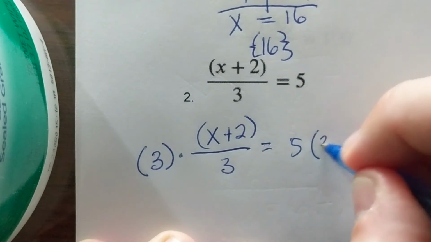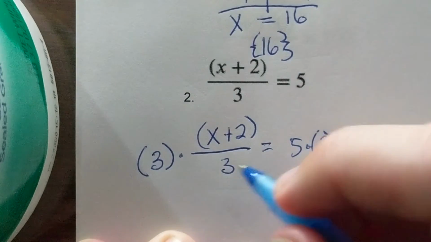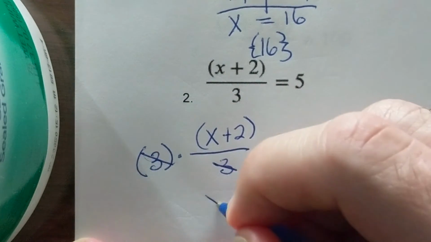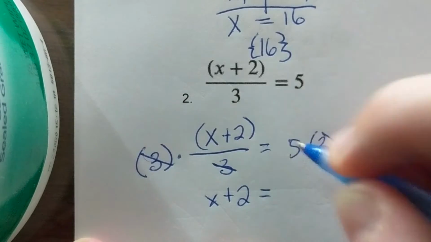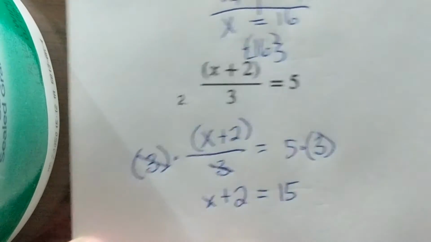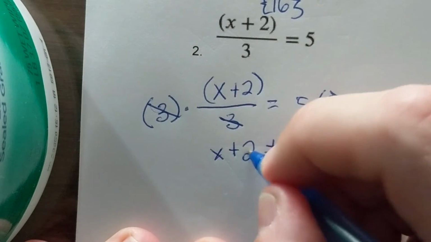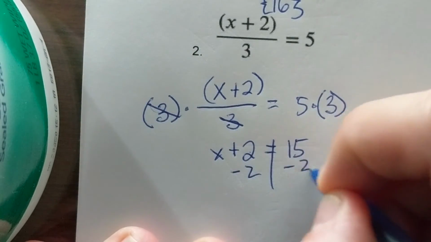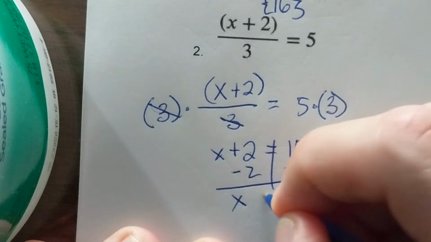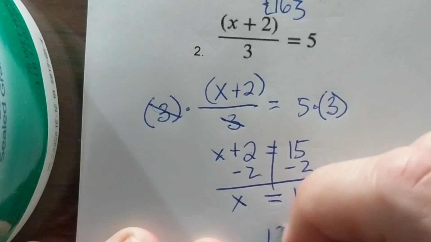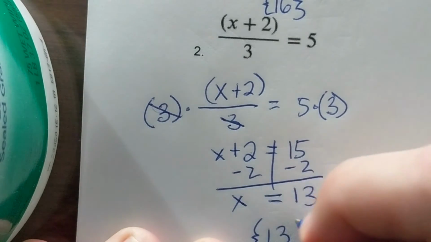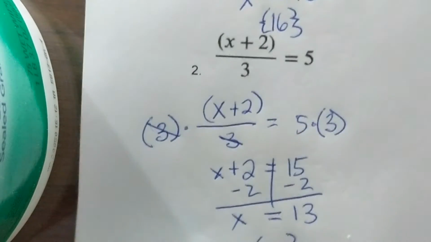So 3 is being multiplied on both sides. These 3's cancel, so you have x plus 2 equals, and 5 times 3 is 15. Now it's an easy one-stepper. So the opposite of adding 2 would be to subtract 2 on both sides. And now we're left with x equals 13. So 13 is our answer to that one.